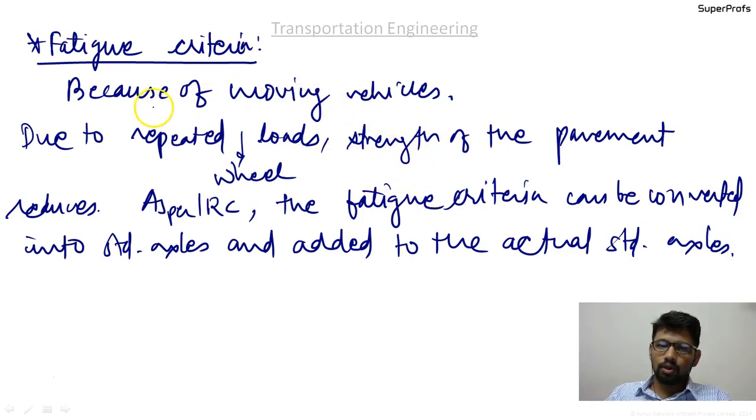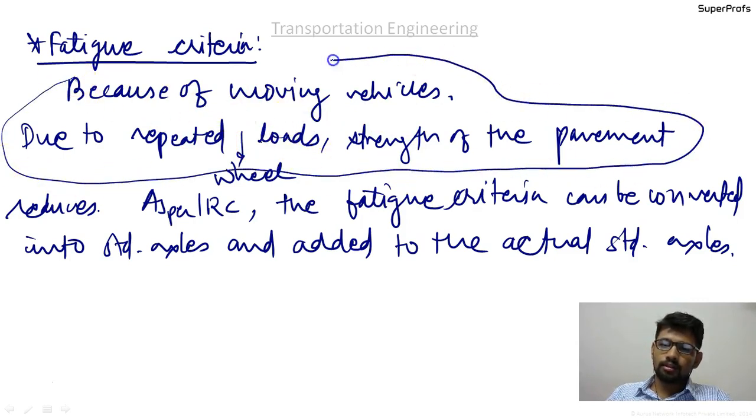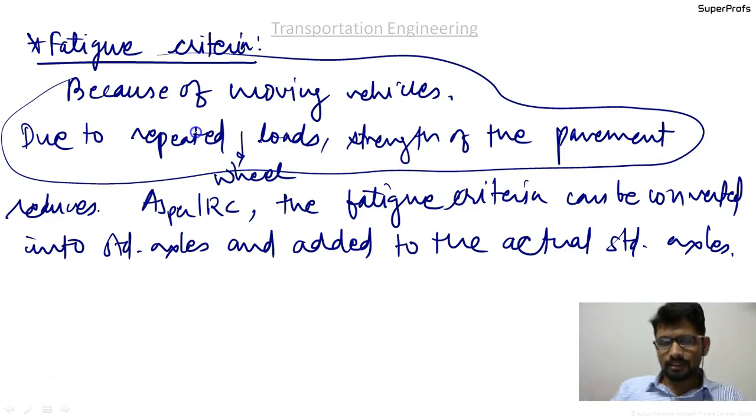Because of the moving wheel loads, because of the repeated loading, the strength of the pavement reduces, and we need to consider this effect in the flexible pavement design. For that, IRC accounts for the fatigue criteria by converting it into standard axles, and finally you add those standard axles to the actual number of standard axles.